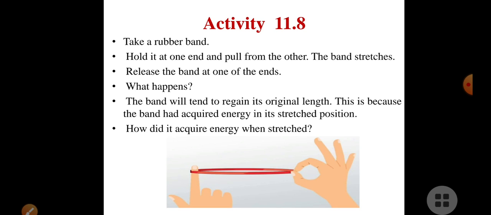Always it happens. You must have noticed a lot of times. So this is because the band has acquired energy in its stretched position. When you were stretching this rubber band, you were doing work on it, and that work is stored in the form of potential energy. And when you leave its other end, then that stored potential energy does work and the band regains its shape.